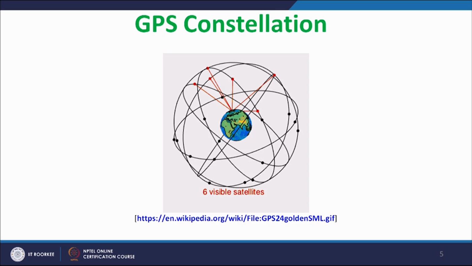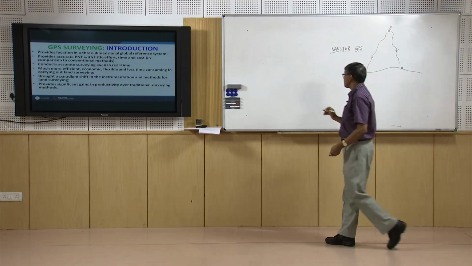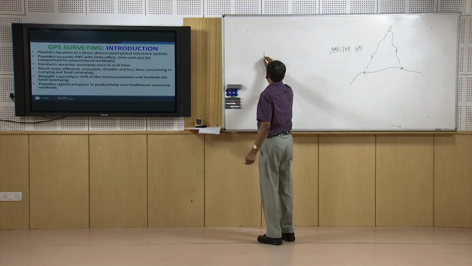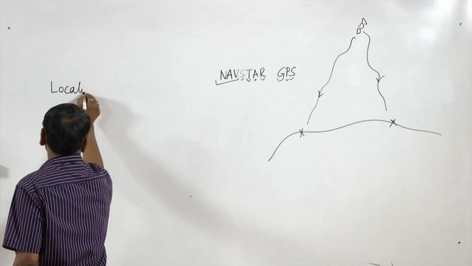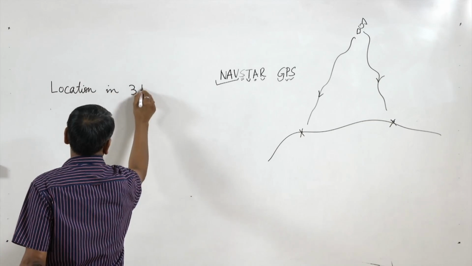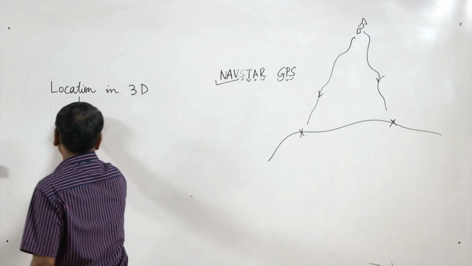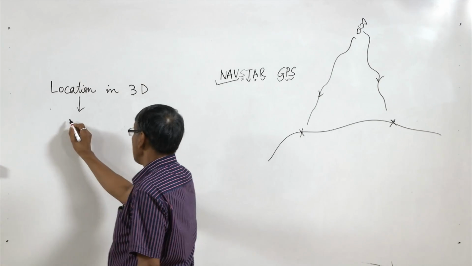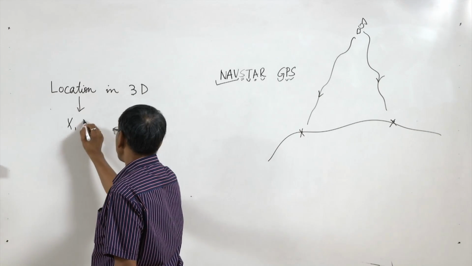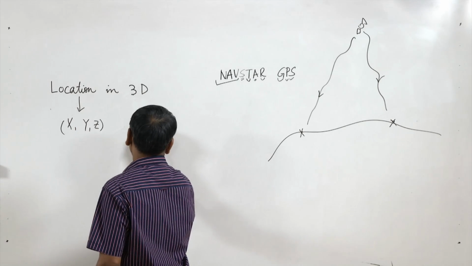Now GPS system provides the location in 3D. That means the location is given by GPS system either in Cartesian coordinate or in geodetic coordinate.